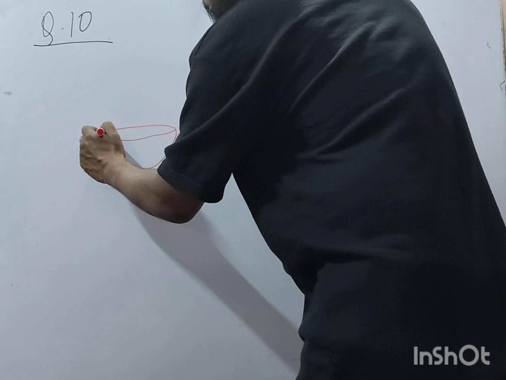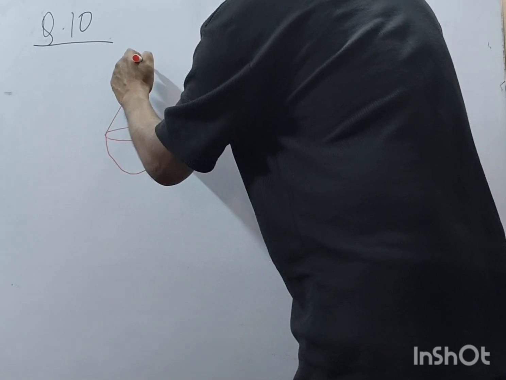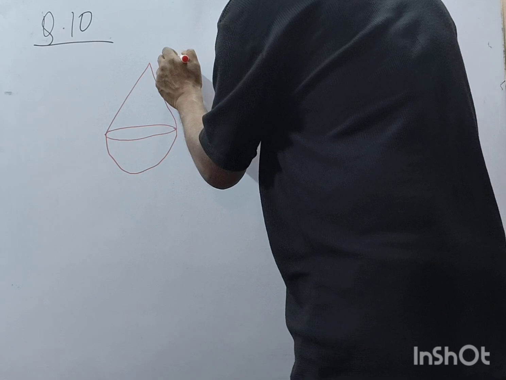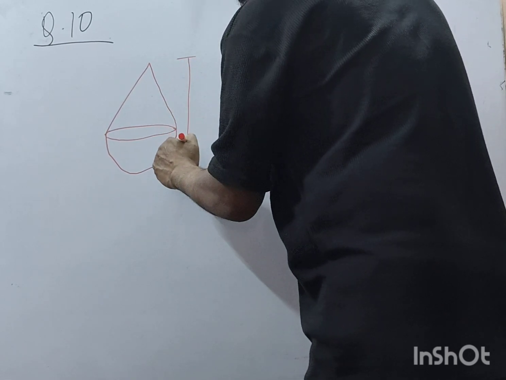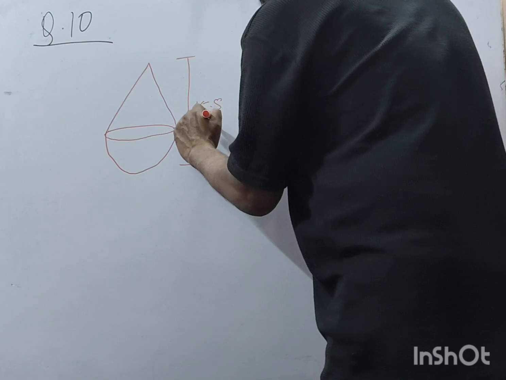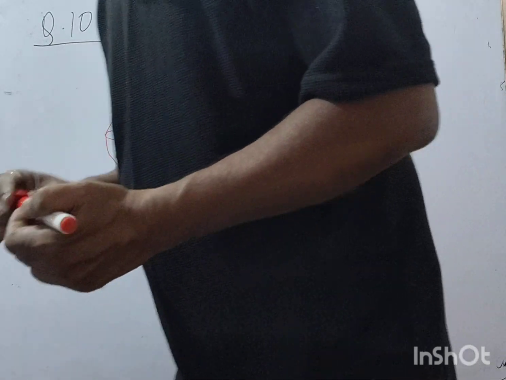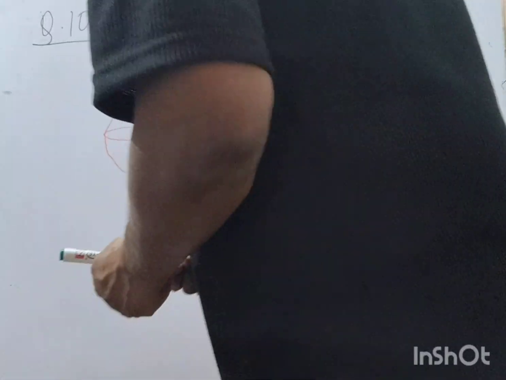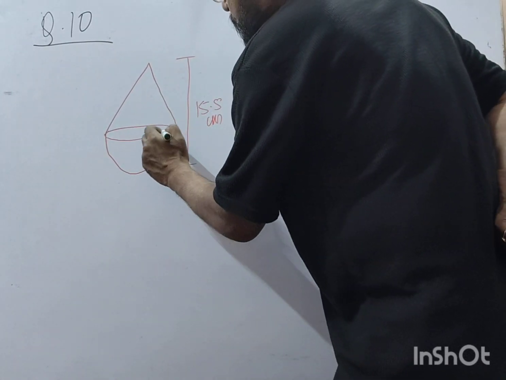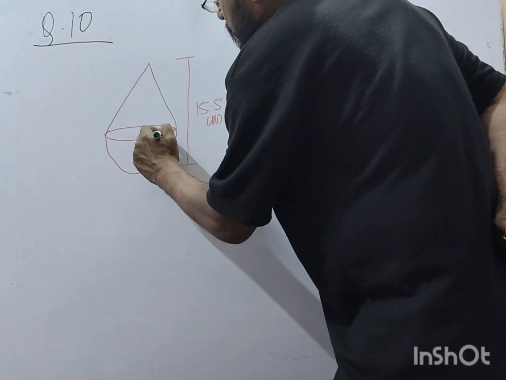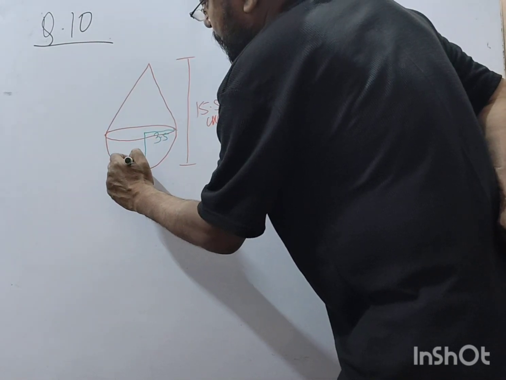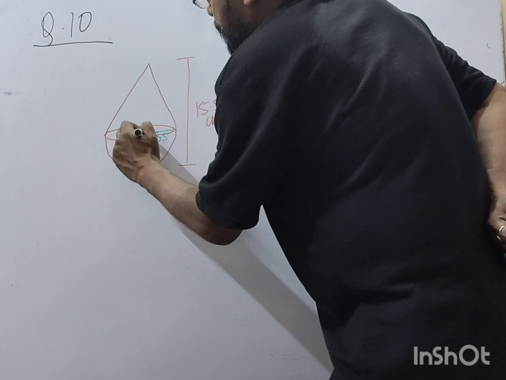There is a cone like this. The total height given is 15.5 centimeter, and the base radius is 3.5, so the hemisphere radius is also 3.5.